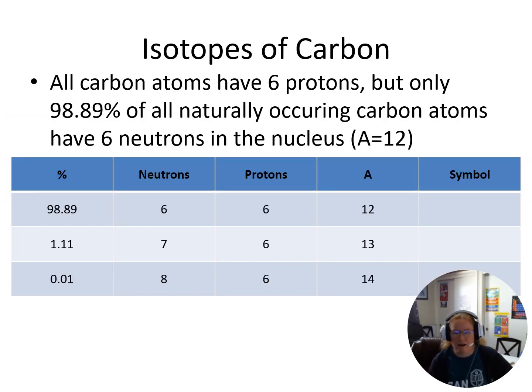Okay, and so for our isotopes of carbon, so here again, I've got those percentages. Okay, so percent abundance basically means that in a sample of carbon, 98.89% of it is going to have a mass number of 12. So the vast majority of carbon is carbon 12. There's not a whole lot of carbon 13 or carbon 14 out there. 1.11% is carbon 13, and only 0.01% is carbon 14.